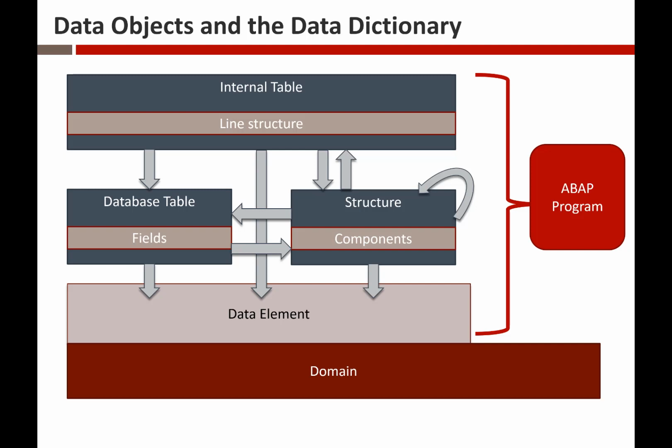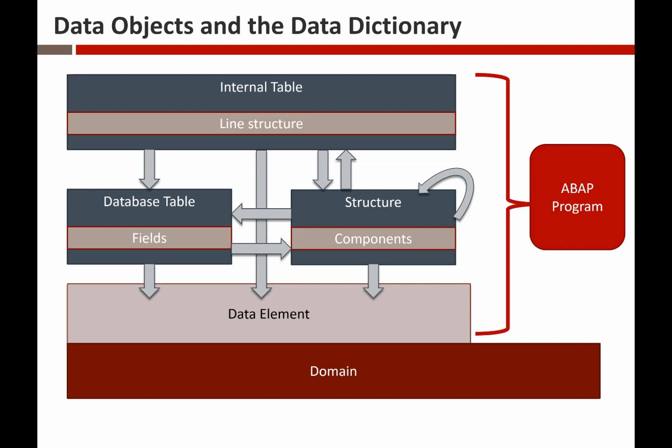So in this case, you would actually see as the data type for one of the fields a reference to another structure that you've created. So although this isn't necessarily recursive, it does show here in our picture that you can actually use a structure in the creation of another structure.